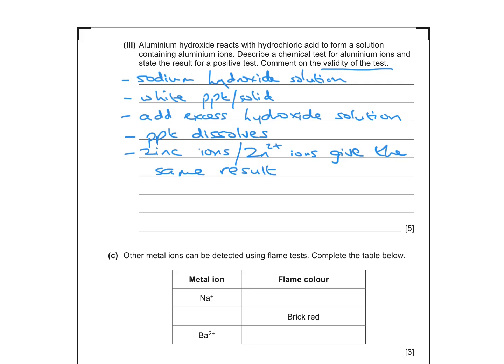Now the issue with ammonia solution is that magnesium ions will produce the same result. So with sodium hydroxide solution, zinc ions give the same result as aluminium. But when ammonia solution is used, magnesium ions produce the same result. So you can answer this question using ammonia solution instead of the sodium hydroxide solution.